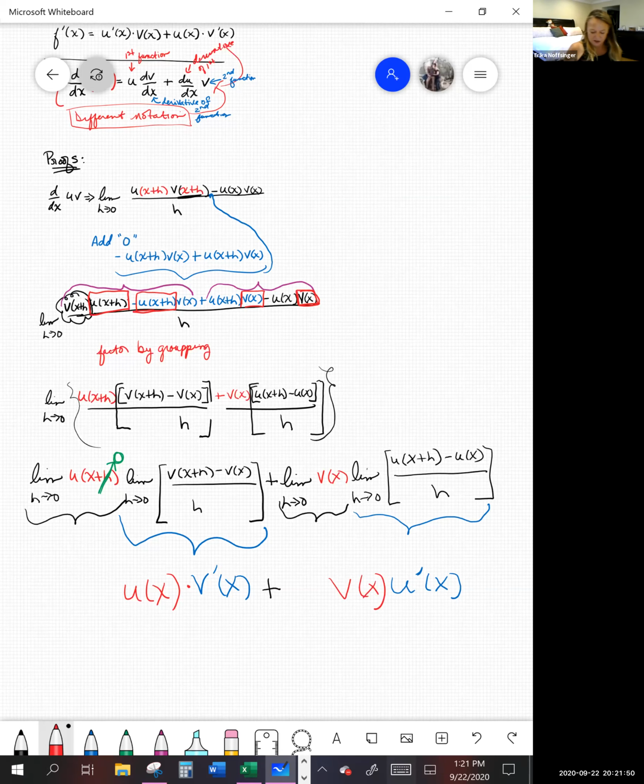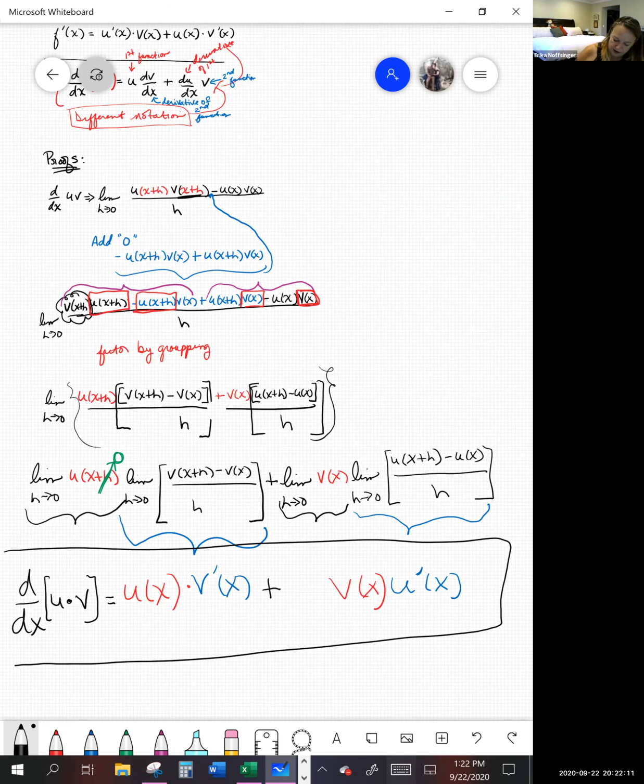And so this was our derivative. This was d dx of u of x times v of x. To save room, I'm just going to write u times v, but those are both functions of x. And so this is probably why they might like writing it this way with that proof.